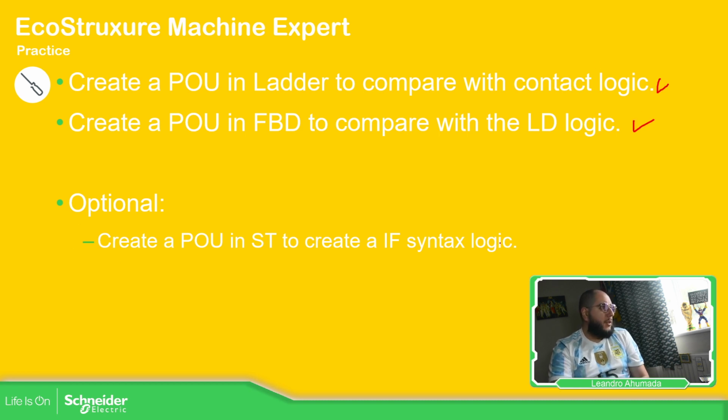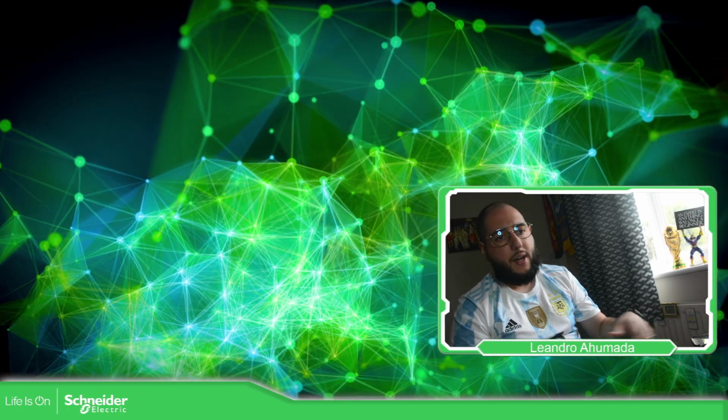We already saw the syntax, so it was probably too quick. But I showed you how you can use the logic to activate an expression inside the IF to do something, or do something else, when that expression is true. And also the comparison between ladder and FBD.